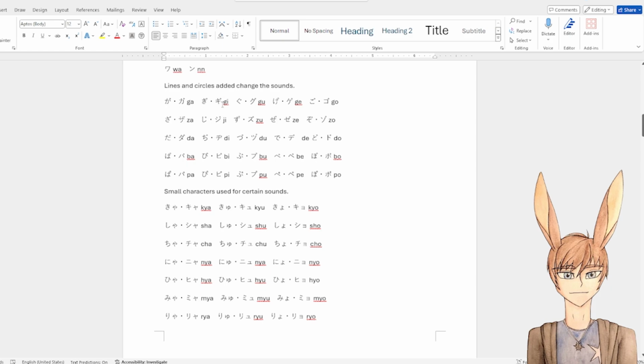Ga, gi, gu, ge, go, za, ji, zu, ze, zo, da, di, do, de, do, ba, bi, bu, be, bo, pa, pi, pu, pe, po.